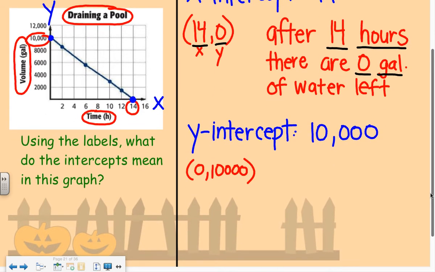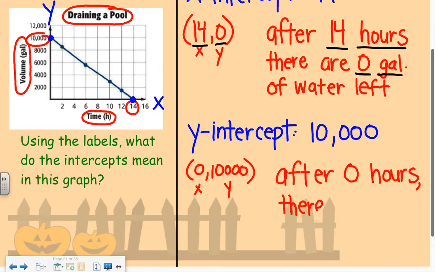So 0 this time is my x coordinate, so that means after 0 hours, and then I need to use my y, which is 10,000. That's how many gallons there are. So after 0 hours, there are 10,000 gallons of water in the pool.